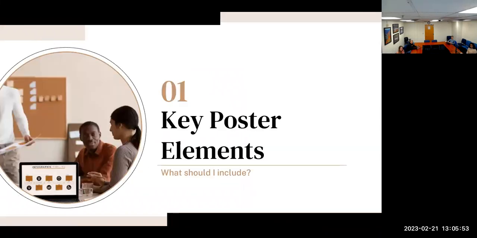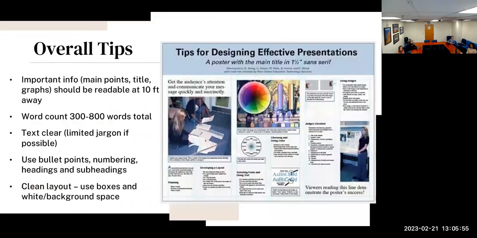All right, so some key poster elements. What should you include? Some overall tips: make sure all the important information is readable from about 10 feet away. When people are walking around a poster session, they might be further away from your poster.